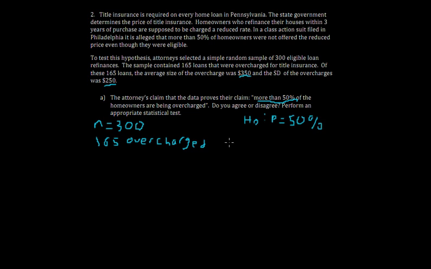And we'll just define P as the percent of people overcharged. Since they said more than 50% are being overcharged, the alternative hypothesis is that P is greater than 50%.